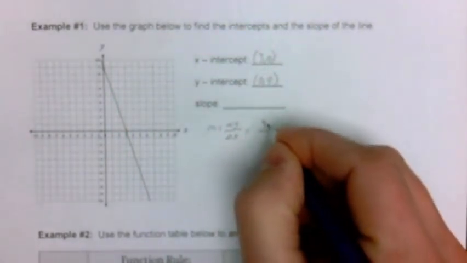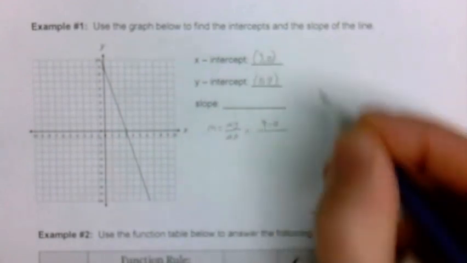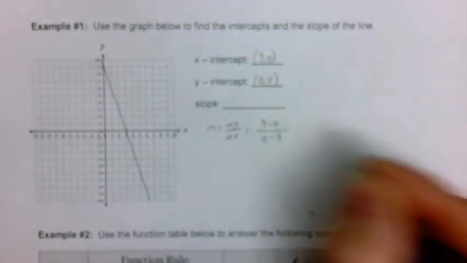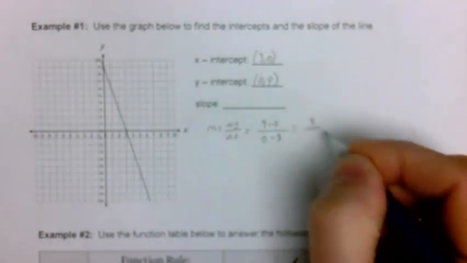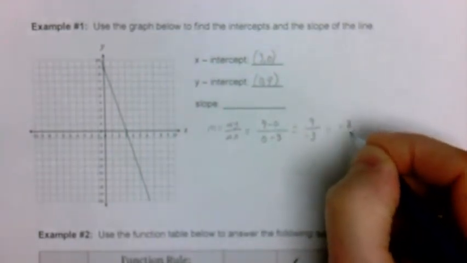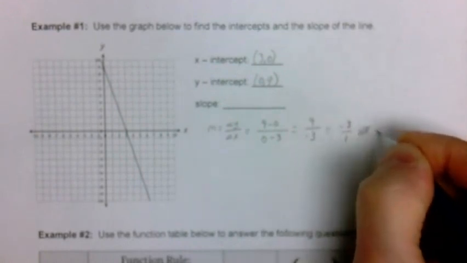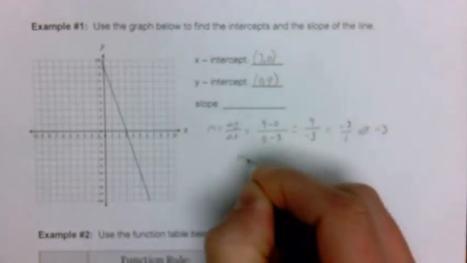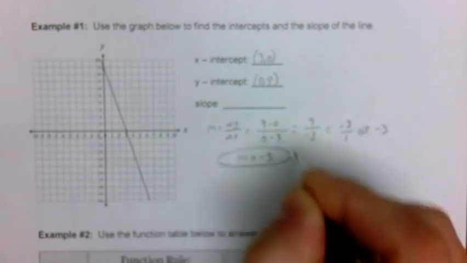So I'm going to do 9 minus 0 for the change in y's, and then I'm going to do 0 minus 3 for the change in x's. And if I were to evaluate this, 9 minus 0 is 9, 0 minus 3 is negative 3, and 9 divided by negative 3 is negative 3 over 1, or negative 3. So the slope here, m equals negative 3.